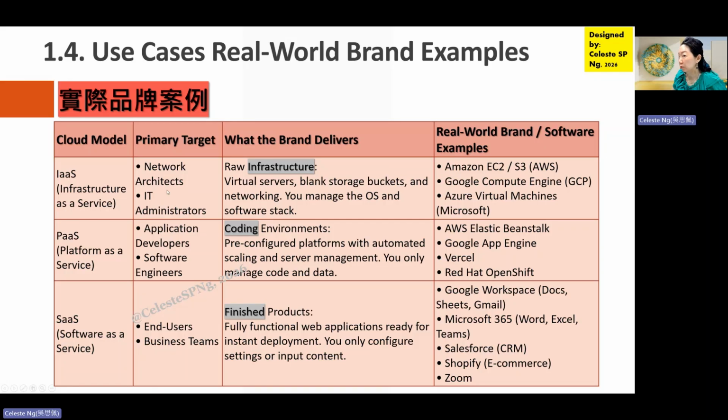If we are using IaaS, it will be the Amazon EC2, which is the Elastic Compute Cloud. For this type of service offered by a brand named Google, it will be the Compute Engine.